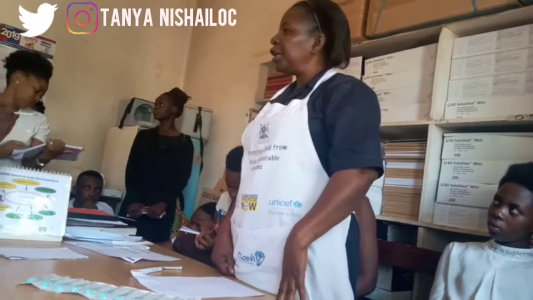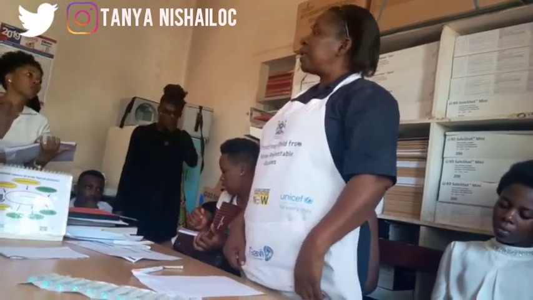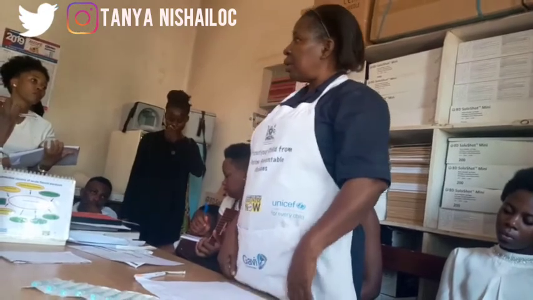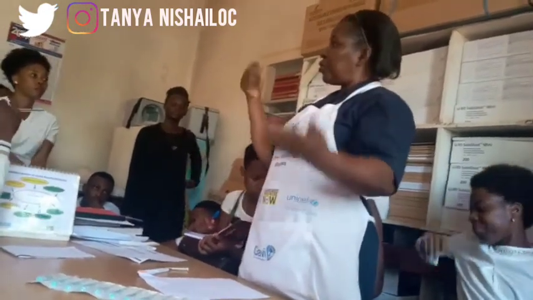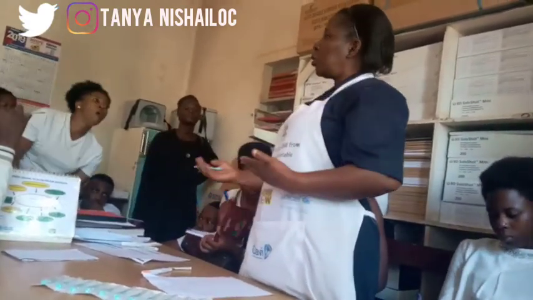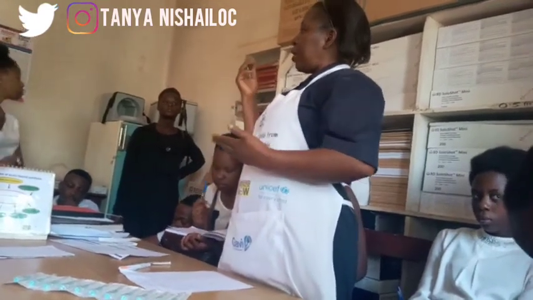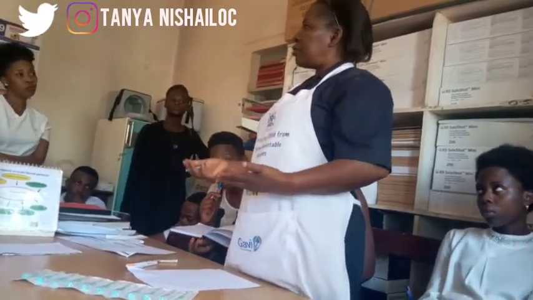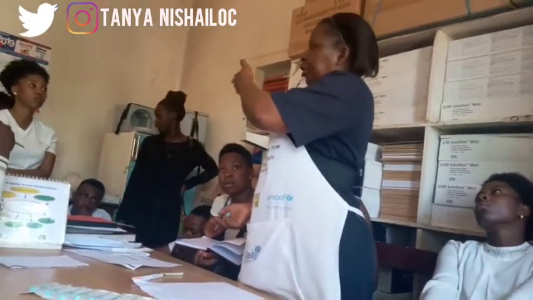And in those fridges, we have thermometers, because sometimes temperatures vary from day to day. So you need a thermometer to check, to monitor. For us here, we have fridge tags. When I open, I check.